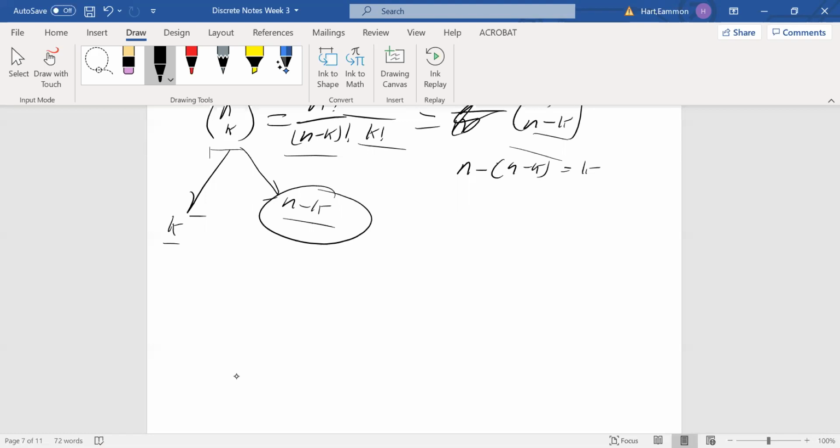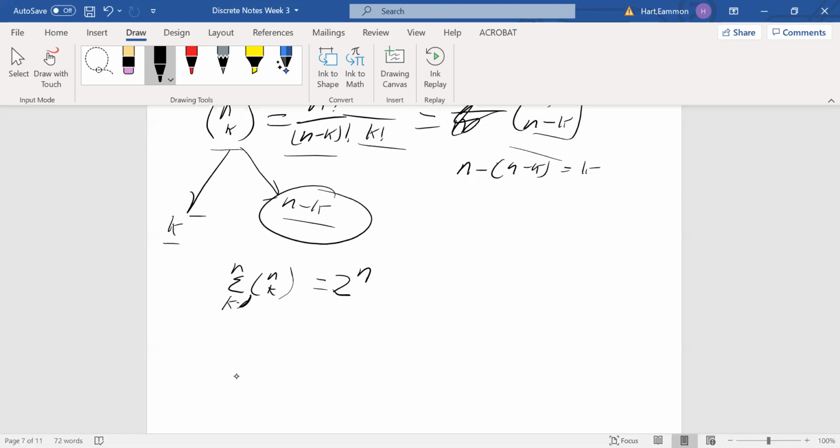Another thing to note is that the sum of n choose k from k equals 0 to n is equal to 2 to the n. So how do we know this?